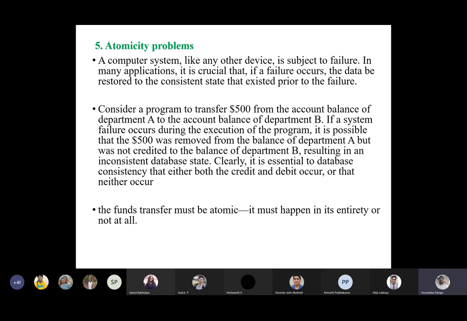Basically we have four properties of a database: atomicity, consistency, isolation, and durability. Atomicity is an important property of a database. It ensures that a transaction occurs completely or not at all.